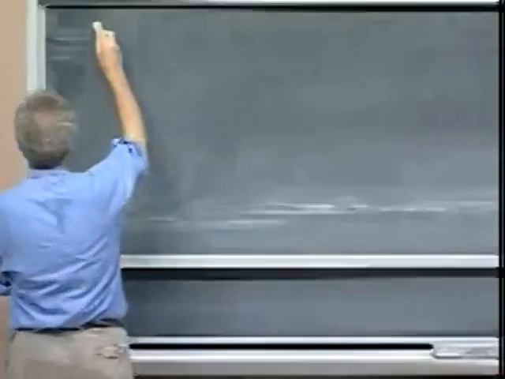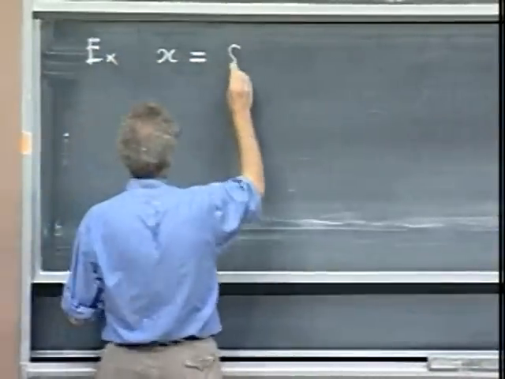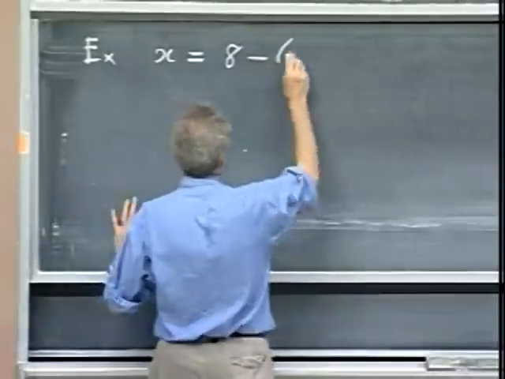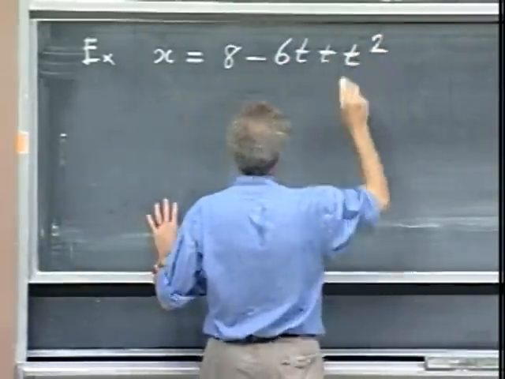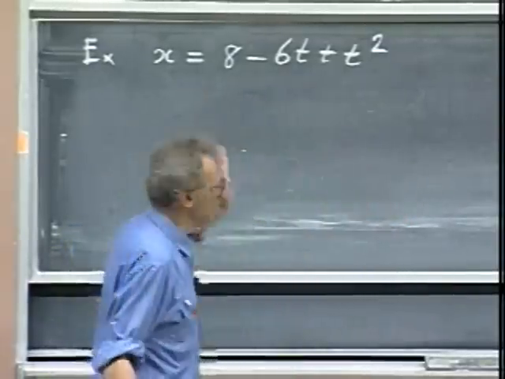So this example is a working example. x equals 8 minus 6t plus t squared. So this tells you where the object is at any moment in time.